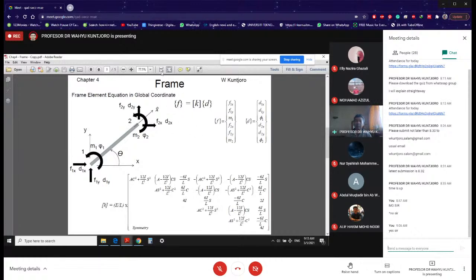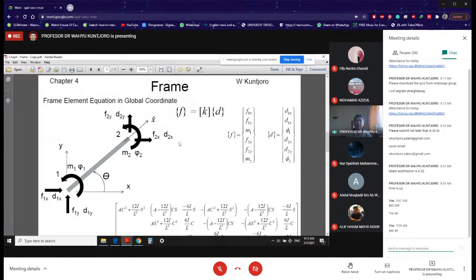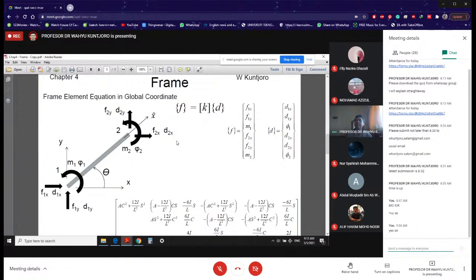F equal to KD. And of course, in this case here, the size of the element depends on degrees of freedom. You have a total of 6 degrees of freedom. At node number 1, you have x, y, and rotation. At node number 2, you have x, y, and also rotation. And the force accordingly is going to be Fx, Fy, and moment at each node.